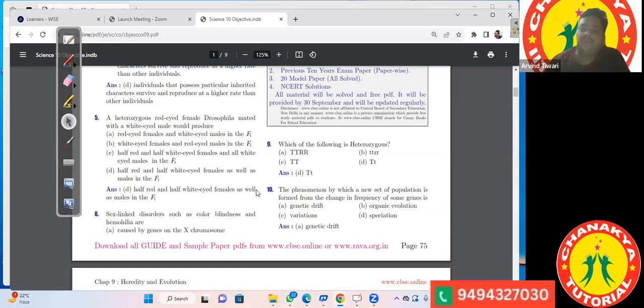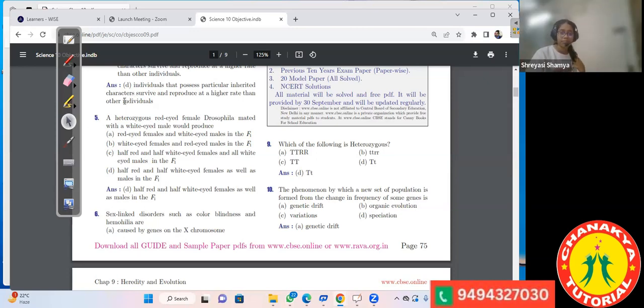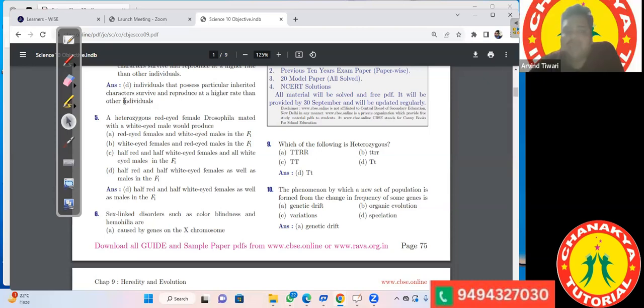We did one of the questions from the NCERT. It is based on the same thing. A heterozygous red-eyed female. Suppose it is heterozygous, so you can represent it as capital R and small r, and the white-eyed will have small r and small r.